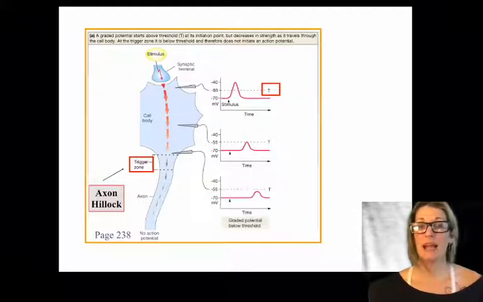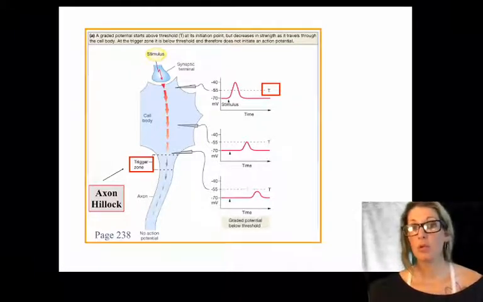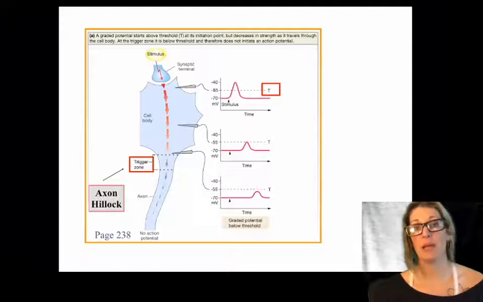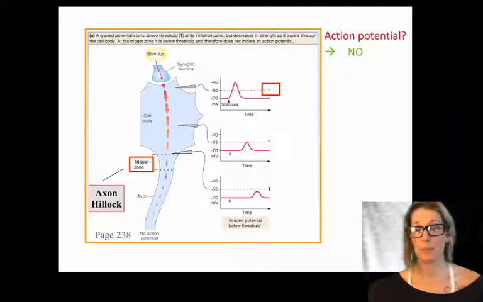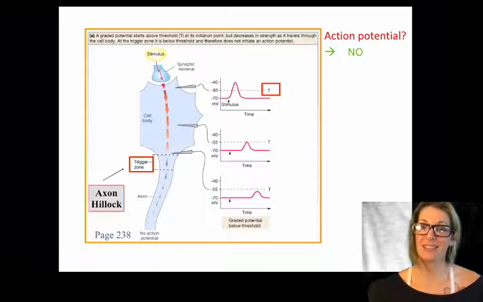By the time we get to the axon hillock, we're below negative 55. We're at maybe like negative 60. So the question is, will this trigger an action potential? The answer is no, because we did not reach negative 55 at the axon hillock.